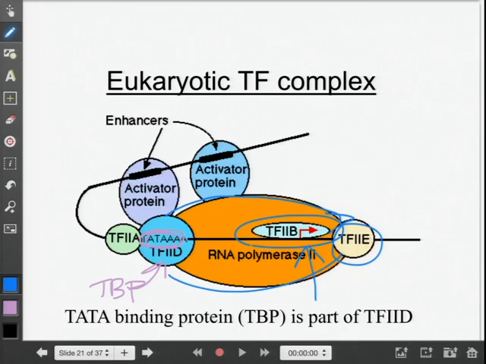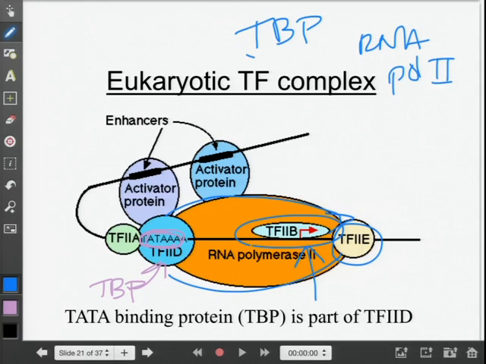All I want you to know is TBP and RNA polymerase. This is the one that actually binds the sequence. If we were counting backwards, the red arrow is where transcription starts, that's the +1. -27 is right down here at that TATA sequence.